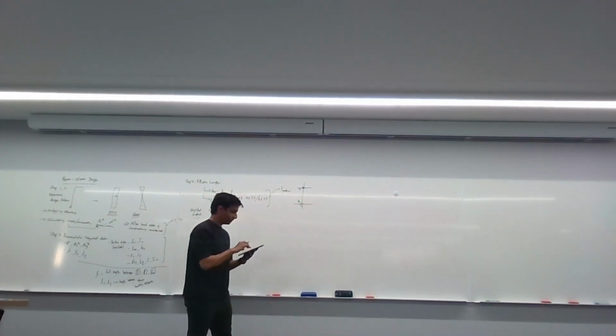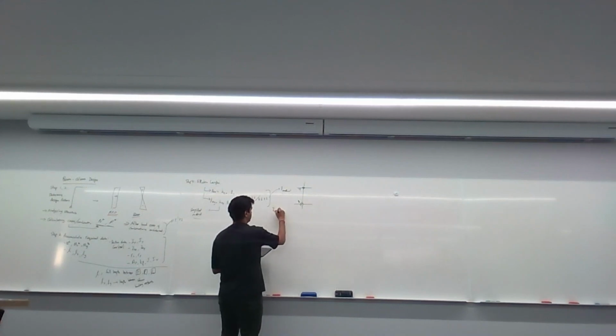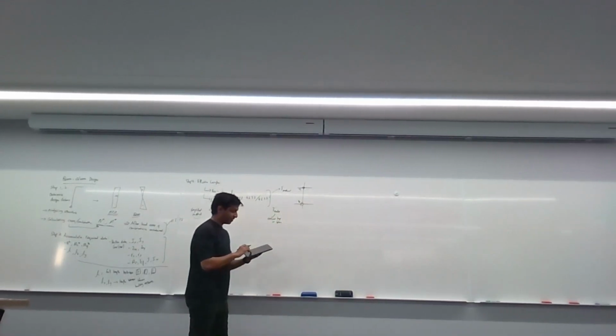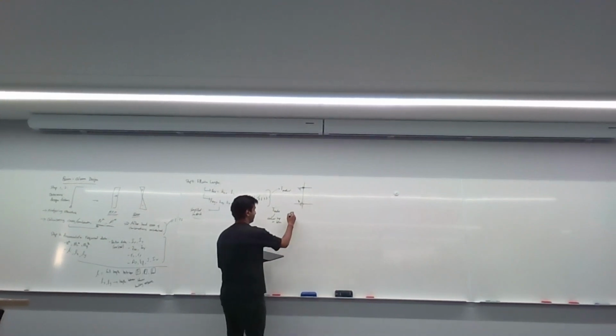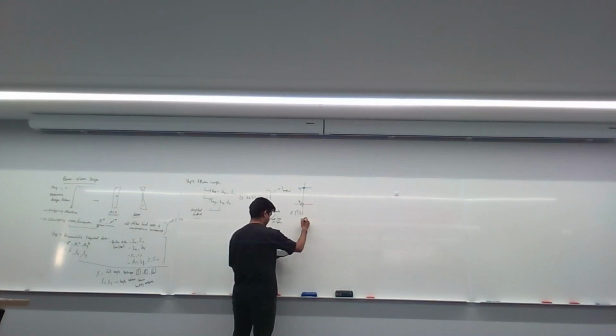Gamma for a node, either top or bottom, is given by the sum of I over L for all columns, over the sum of beta E times I over L for all beams.